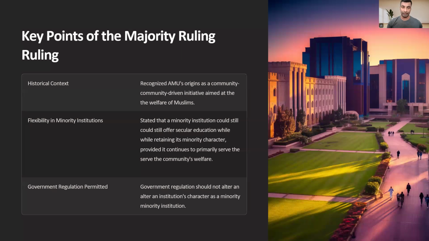So what could be the next steps? The Supreme Court has left the final decision on Aligarh Muslim University's minority status to a smaller three-judge bench, which will provide the ultimate ruling on whether AMU can legally maintain its minority status. So this decision will further clarify the stance on government-funded minority institutions in India.